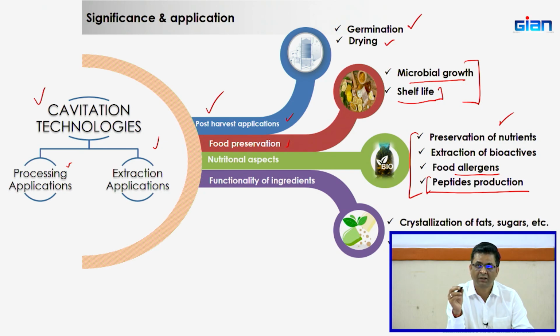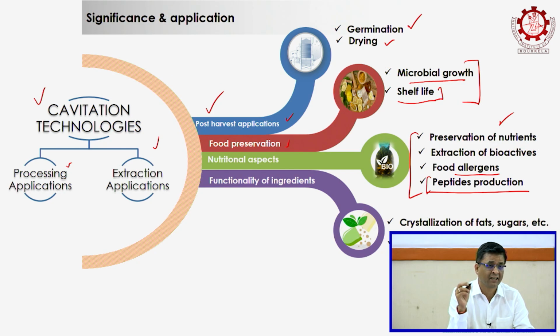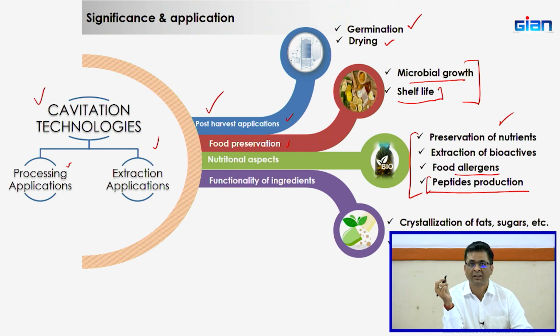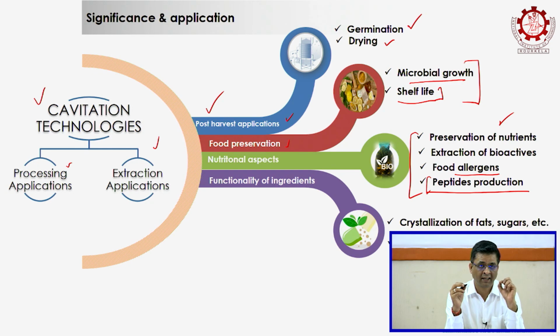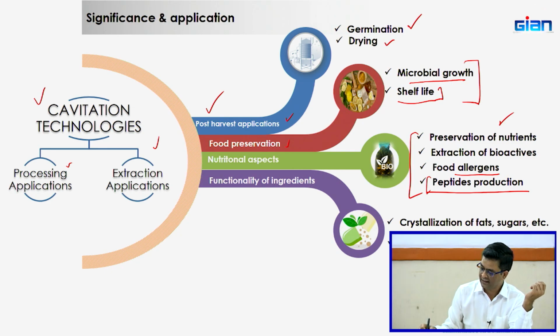Ultrasound is one of the techniques which can control the crystal size and type of crystals. Mixing and homogenization, that means if you have ultrasound equipment or access to it, take water and add oil to it and give ultrasound treatment, you will see a perfect emulsion formed. That is again mixing and homogenization.